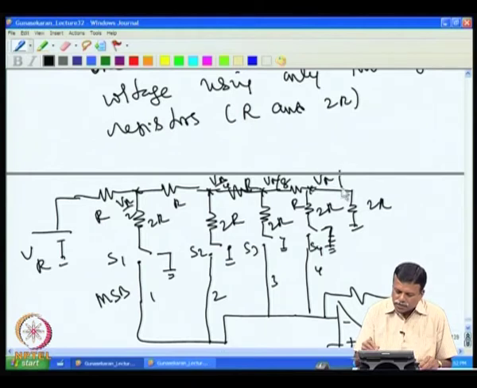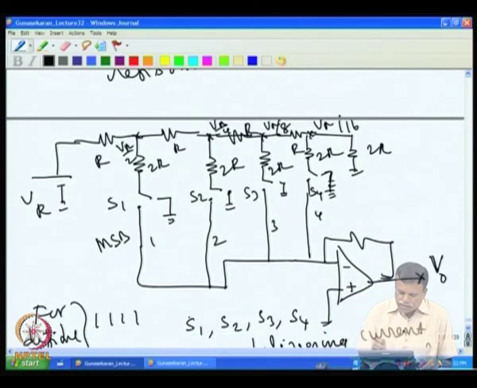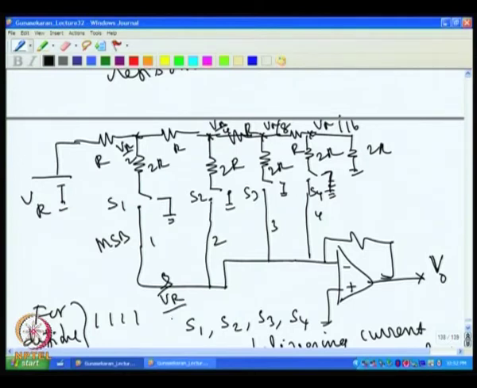When it is on, the current through this will be VR by 4, then from here VR by 8, because we have VR by 2 here and VR by 4 here, then VR by 16, then VR by 32.